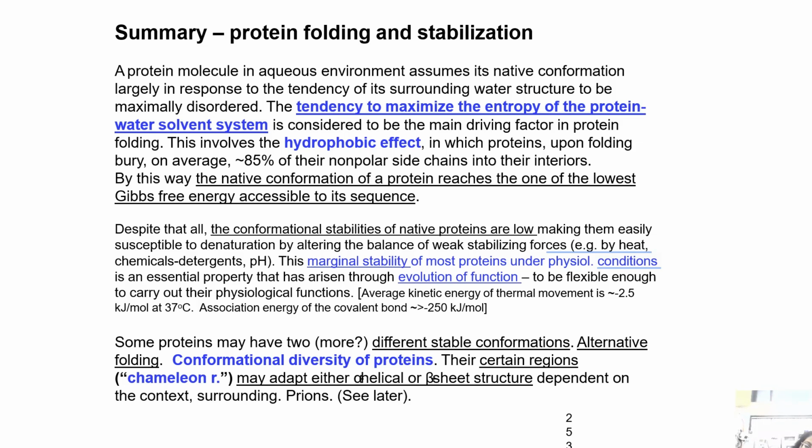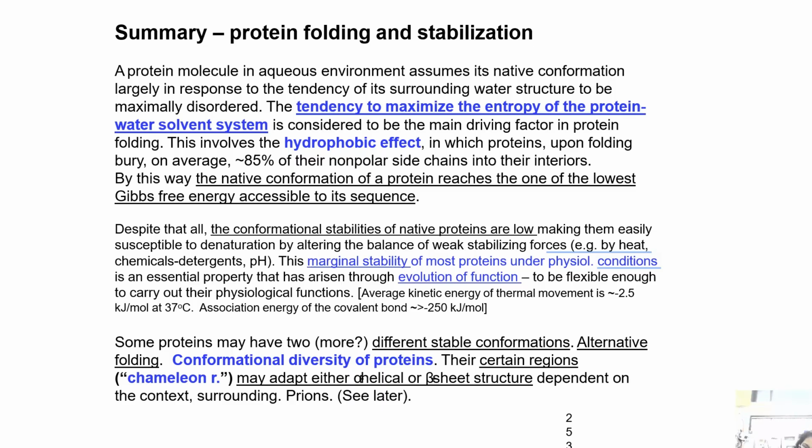Despite that, the conformational stabilities of native proteins are low, making them easily susceptible to denaturation by altering the balance of weak stabilizing forces, for example by heat, chemicals, detergents, pH.